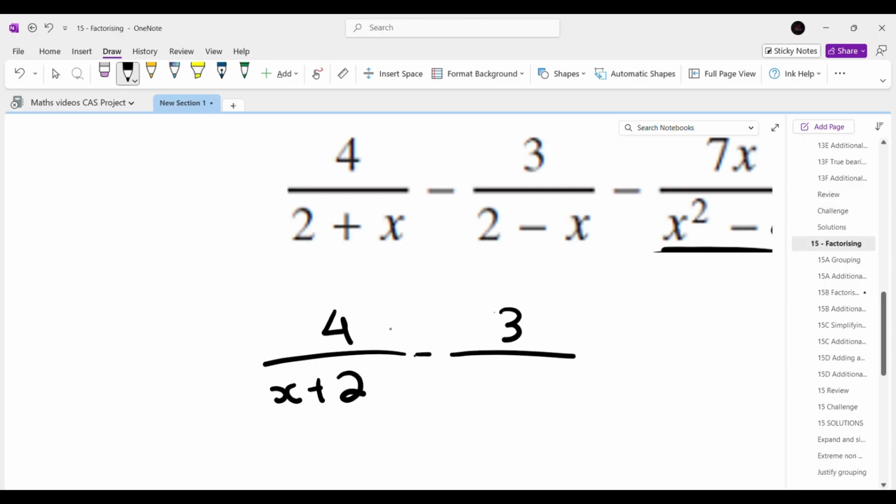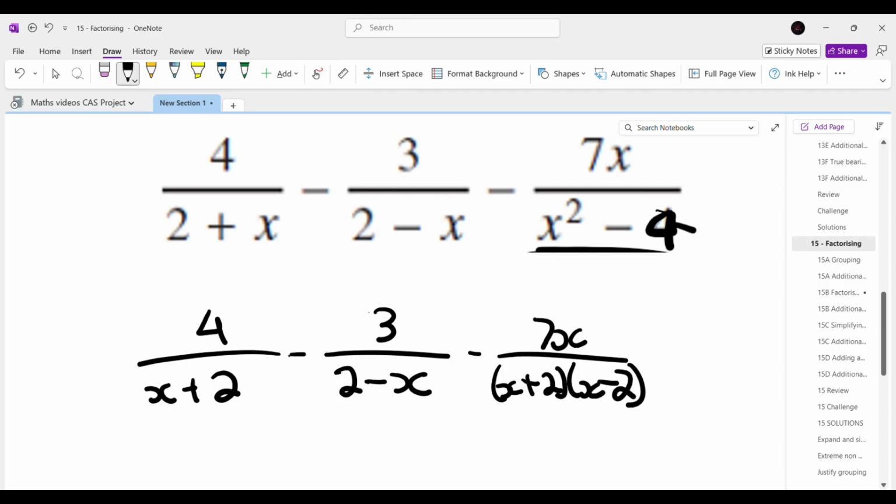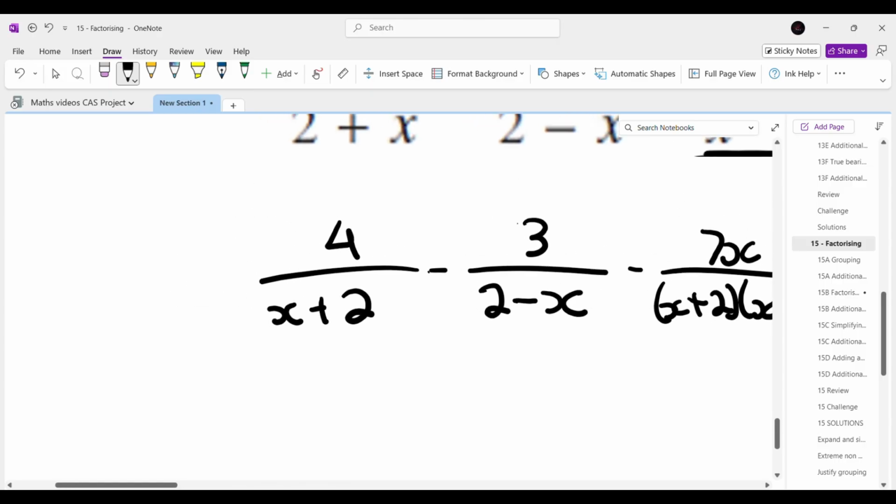Minus x, 2 minus x, minus 7x over our x plus 2 x minus 2. So what we can do here is, obviously, rewrite this as minus x plus 2, it's just like rearranging.